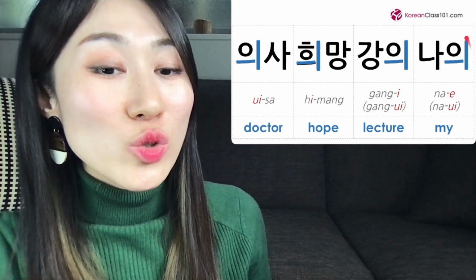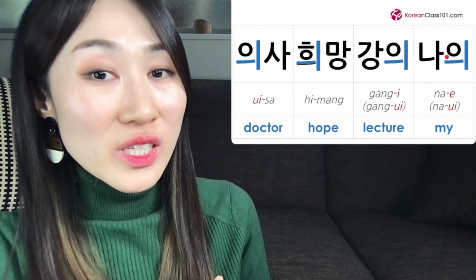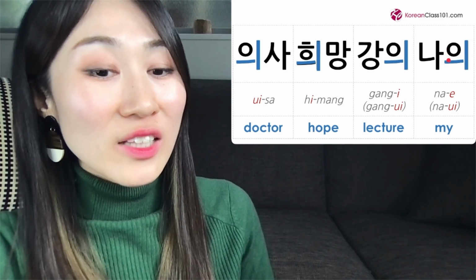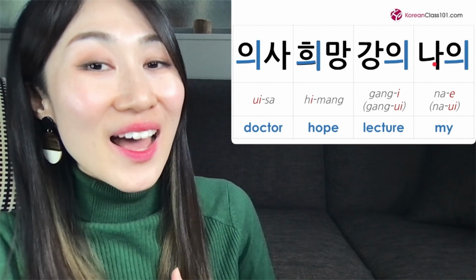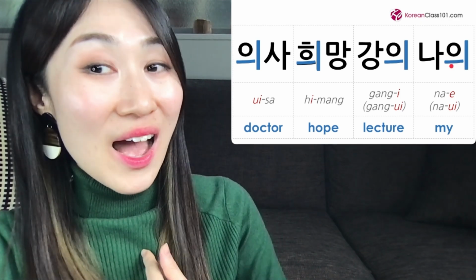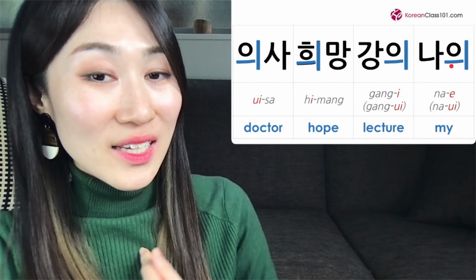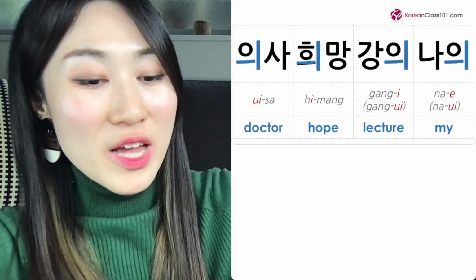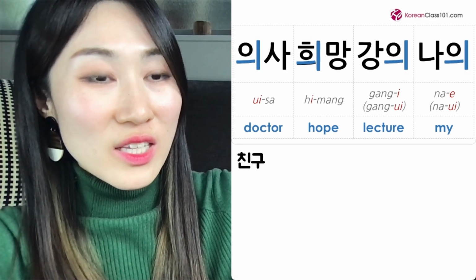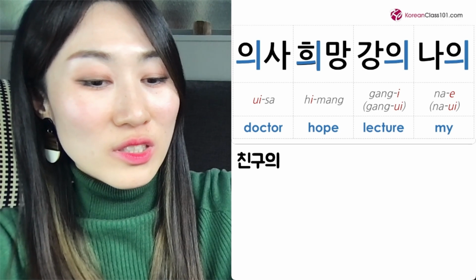So when it's used as a possessive marking particle, then the pronunciation is like 에. So 나의 means my. For example, imagine you want to say this word: 친구 가방.